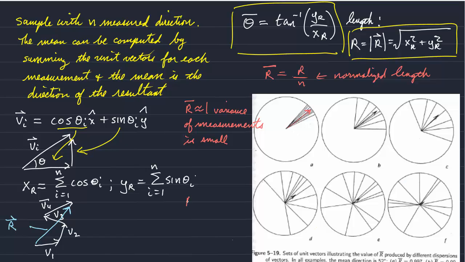So if r bar, the normalized length of the resultant vector, is about equal to 0, then the variance is large.